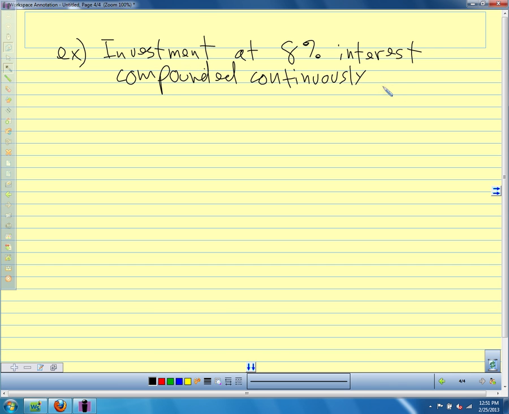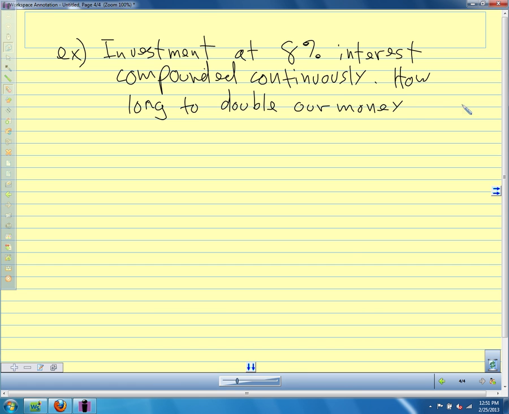We want to know how long to double our money. So we have our 8% interest rate. We want to know how long it's going to take to double our money.